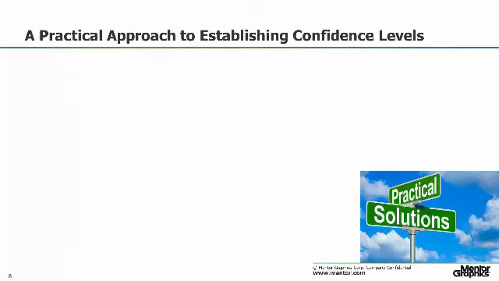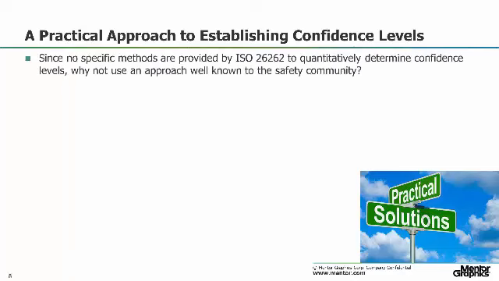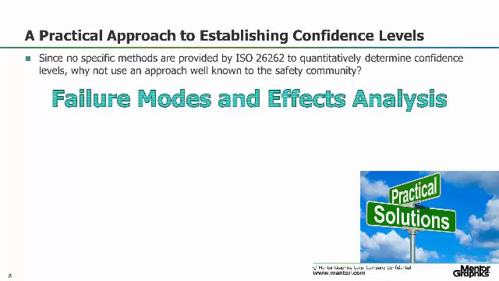So what we've done at Mentor is to try and establish a fairly practical approach for establishing the TCL levels for our software. So what we've used is a fairly well understood, well-known approach used in the safety community for a number of decades: FMEA, failure mode and effect analysis.